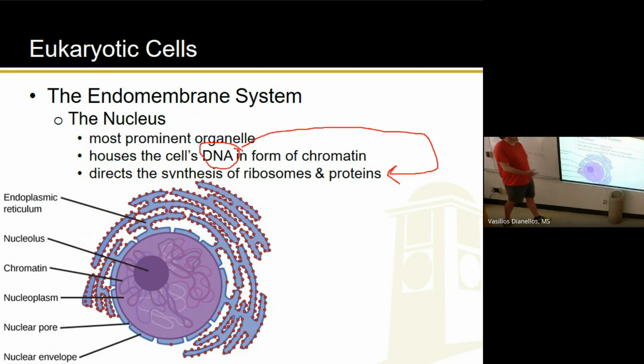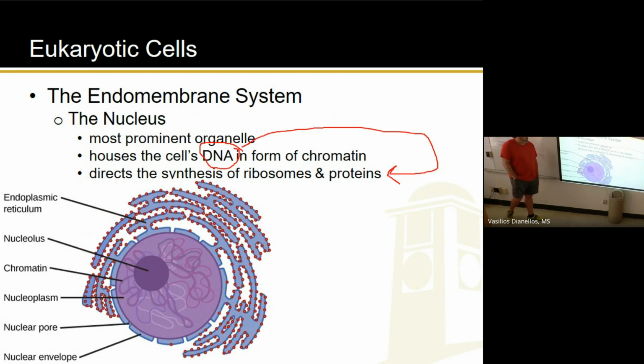And then, yes, this part's a little bit new for you: it also directs the synthesis of ribosomes. Not that you need to know that for this exam, but later you're going to need to know that ribosomes are actually the things that make the proteins. So the nucleus builds the machines, if you will, that make the proteins. And then obviously that also helps the direction of the proteins themselves.